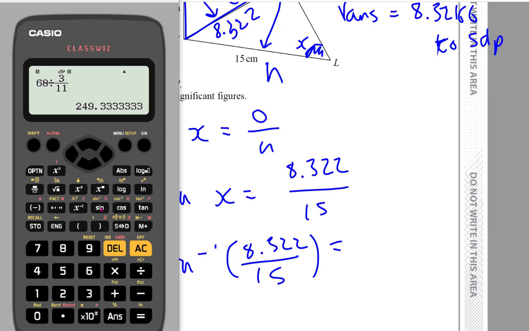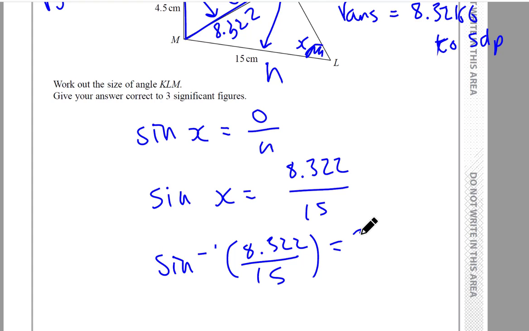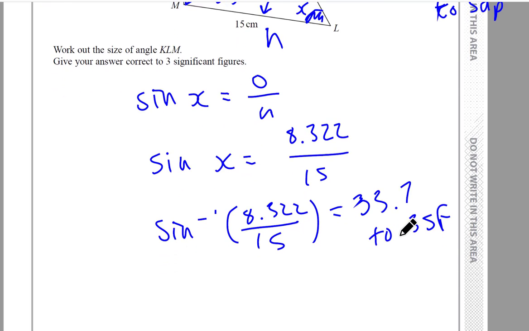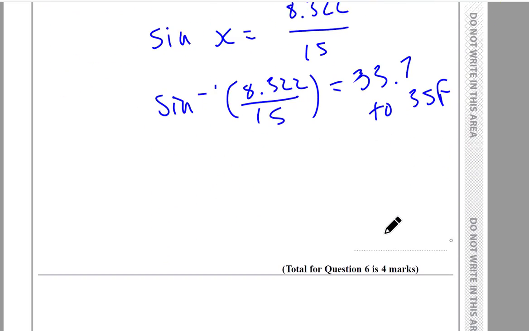Shift sine 8.322 divided by 15, 33.69. That's 3 significant figures, so let's write 33.7, to 3 significant figures, and that will get you your full marks. That's 4 marks as well.